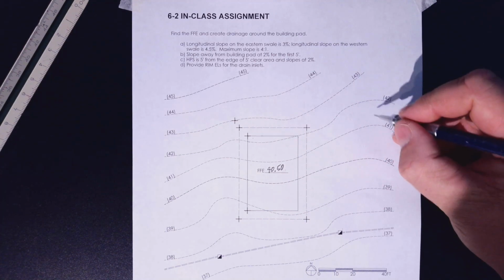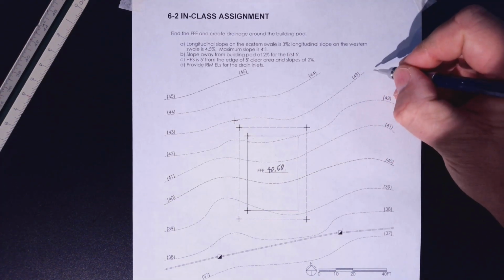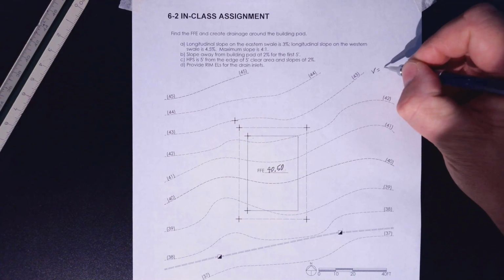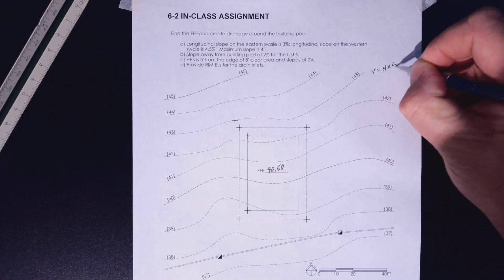To write it up here, we're trying to find what our vertical is, which is horizontal times slope.